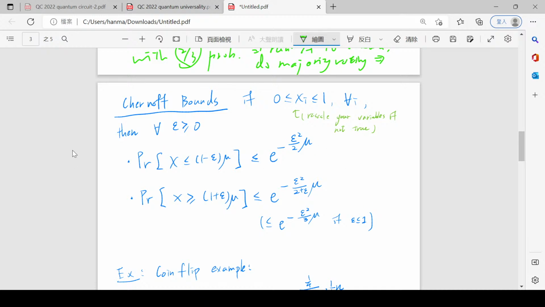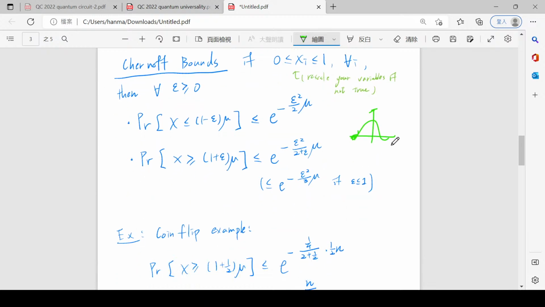If your X is less than your mu, far away with some multiplicative error 1 minus epsilon, this is basically the lower end tail, and this probability is exponentially suppressed by a factor depending on epsilon: minus epsilon squared over 2, times your mu.